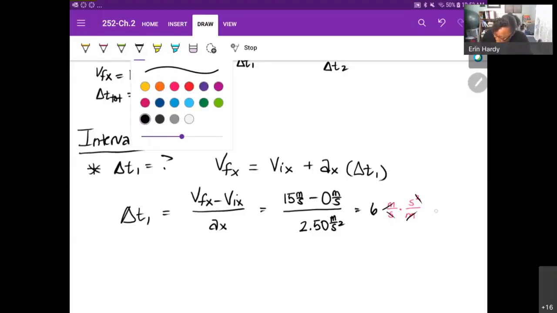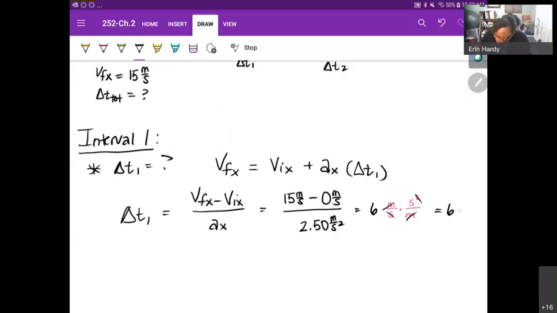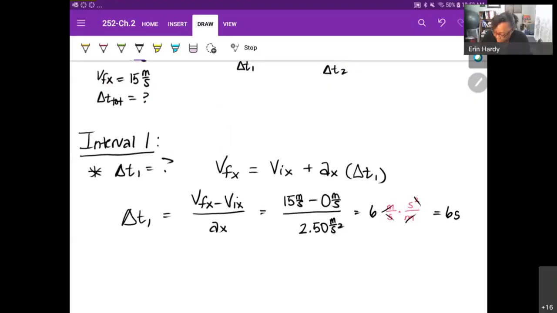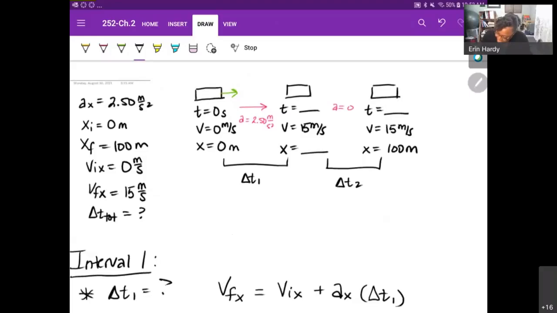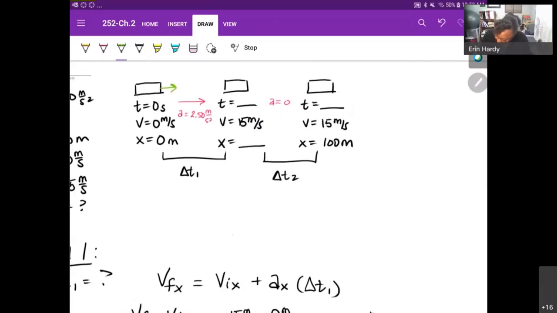So this is 6 seconds, just as we would expect. The unit being seconds is what we expected. So let's go up here and add that information. We just determined that the time is 6 seconds.